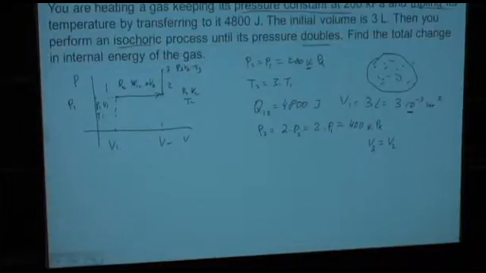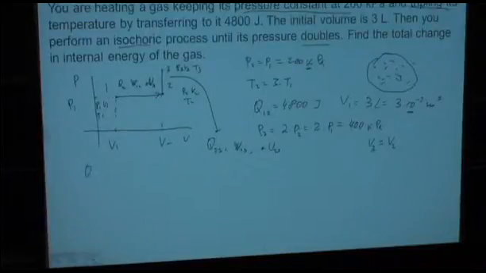And of course, in general, we have Q23, W23, delta U23, that's a U. And of course, these quantities are related by the first law of thermodynamics.